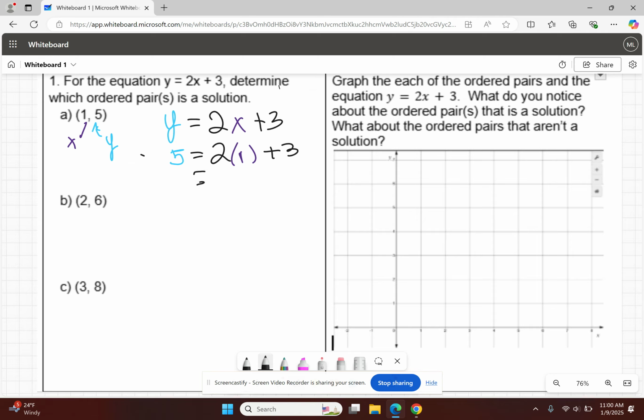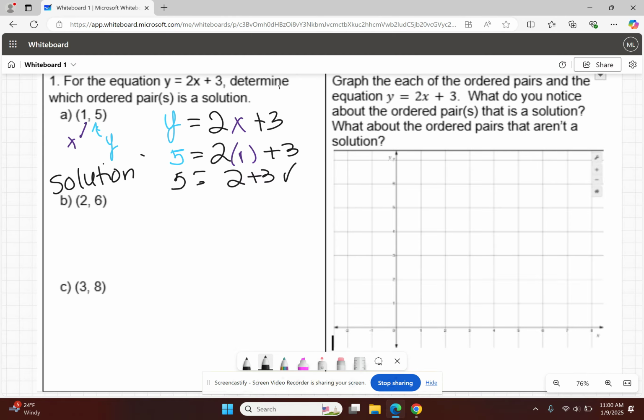When we do the math, 2 times 1 is 2, plus 3 is 5, and it does equal 5. So this ordered pair 1, 5 is a solution.